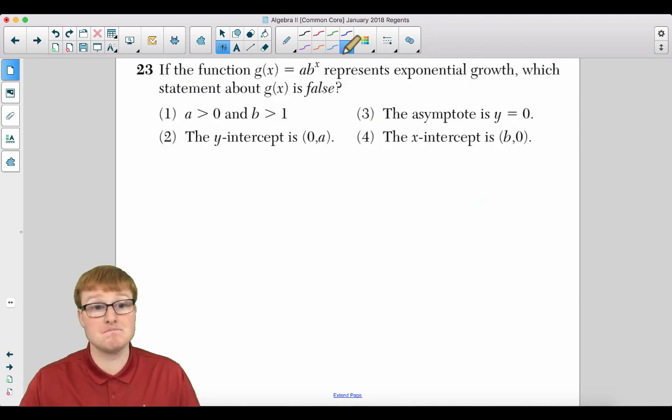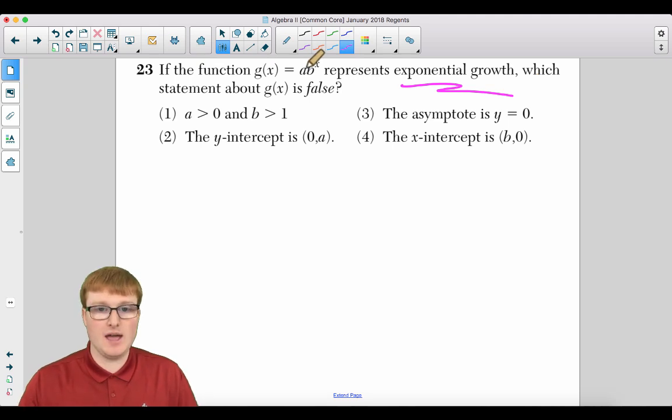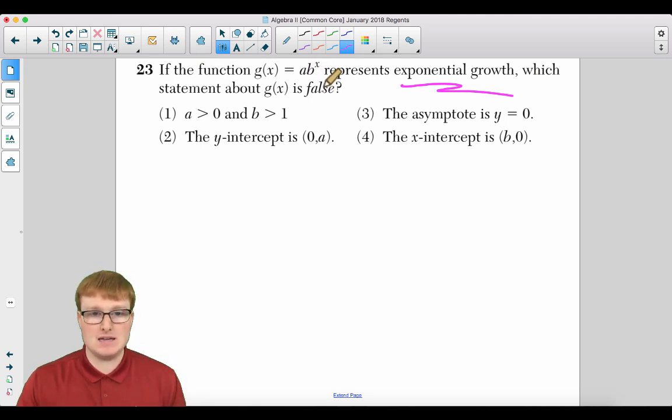Moving on to 23. If the function g of x is equal to a times b raised to the x represents exponential growth, which statement about g of x is false? Newsflash, a and b must be positive, and b has to be greater than the number 1.